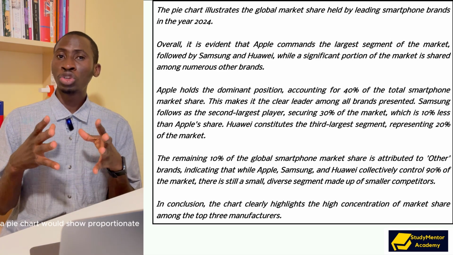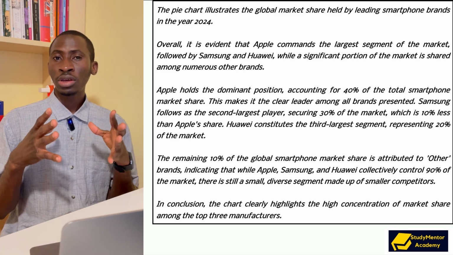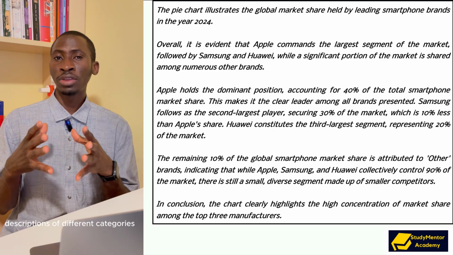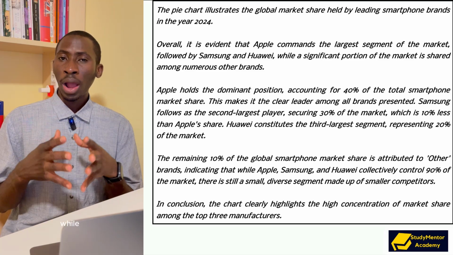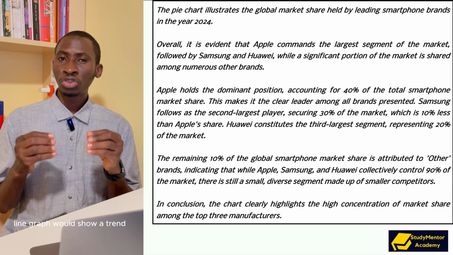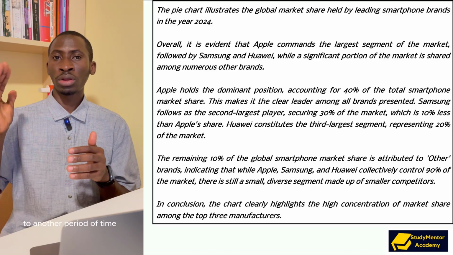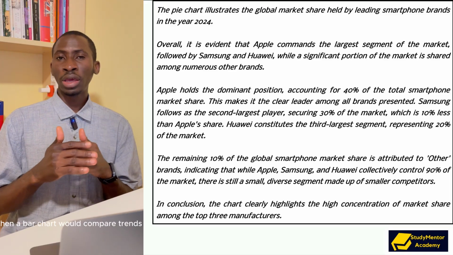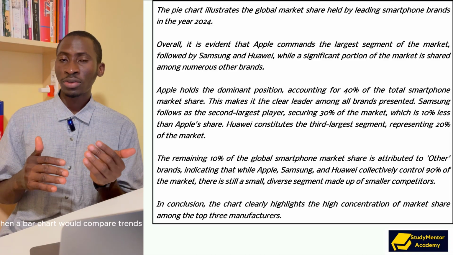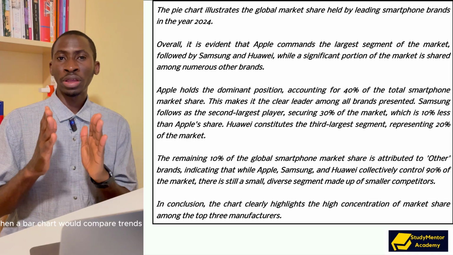A pie chart would show proportionate descriptions of different categories, while a line graph would show a trend from a particular period of time to another period of time. Then a bar chart would compare trends.